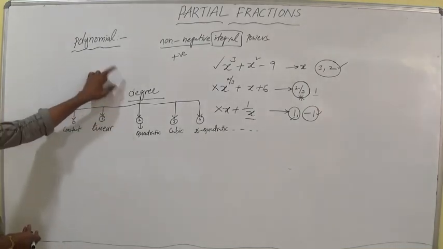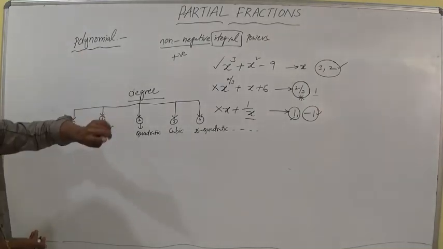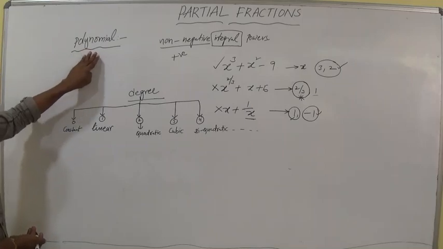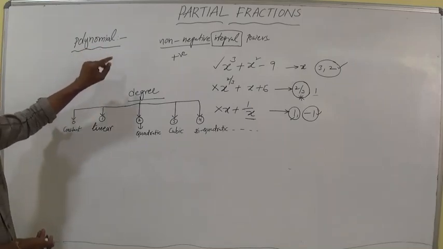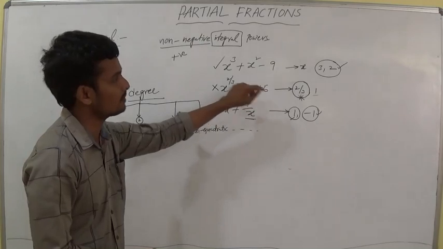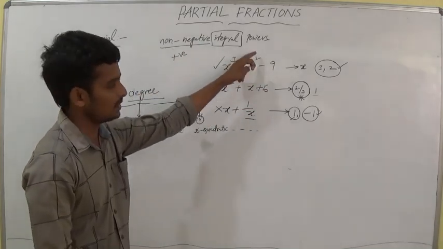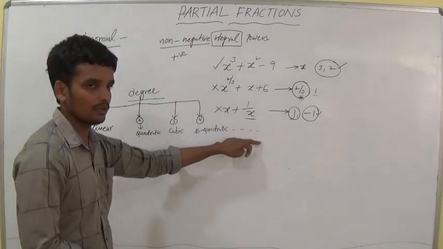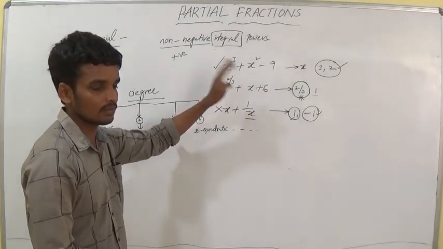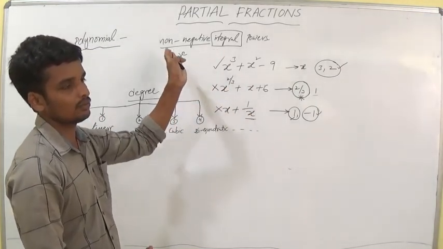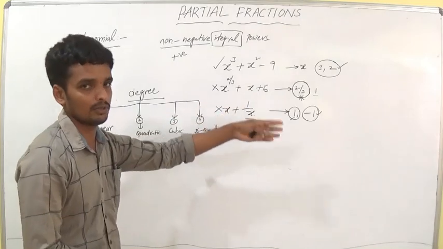So I think you know very well the polynomial definition. Polynomial means the powers of the variables must be non-negative integral powers. In your notes you have to write 5 to 6 examples for polynomials and 2 to 3 examples which are not polynomials.